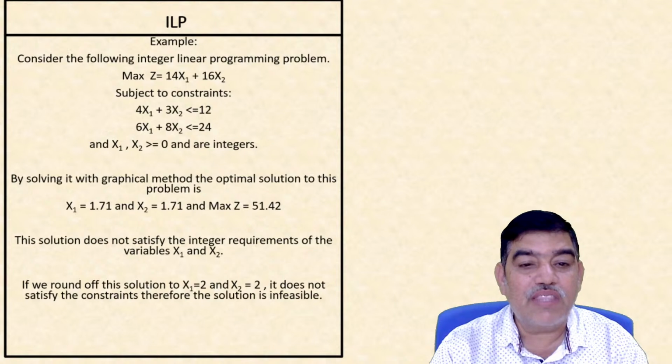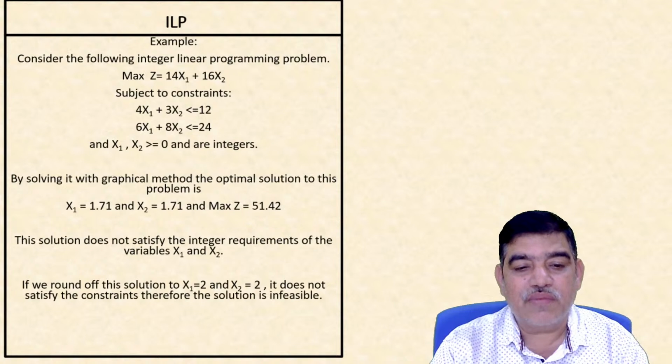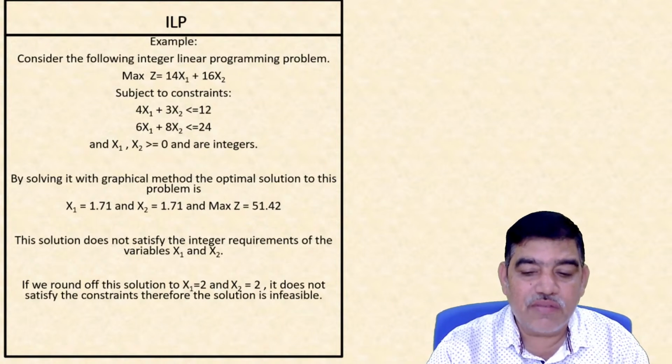So, there are different methods we can implement to solve the integer linear programming. But before we discuss the methods, first we should know the types of integer linear programming.